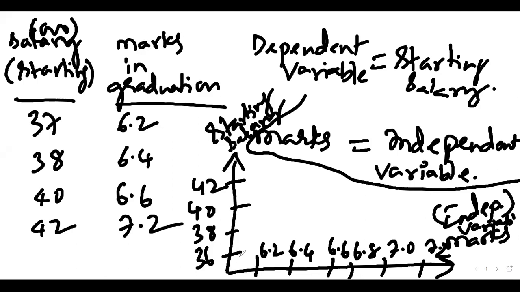Okay. So 6.2, whenever there is a 6.2, 7, 6.2 and 37. See, if there are any doubts, you're supposed to ask.